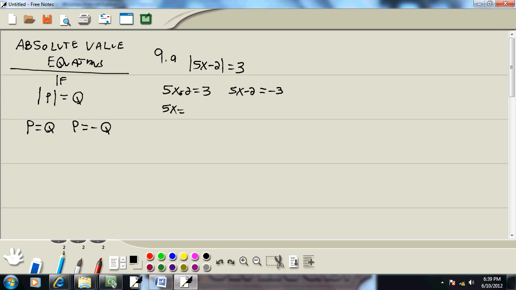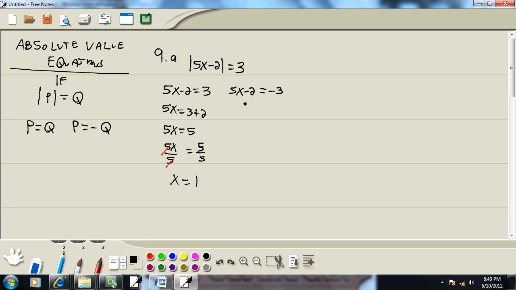So here, I'll go ahead and do this first one. Take negative 2 over, and it becomes a positive 2. 3 plus 2 is 5, and then divide both sides by 5. Those 5's cancel, and we end up with x equals 1.